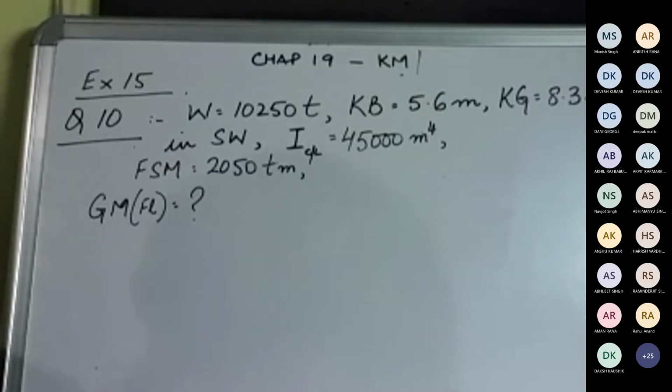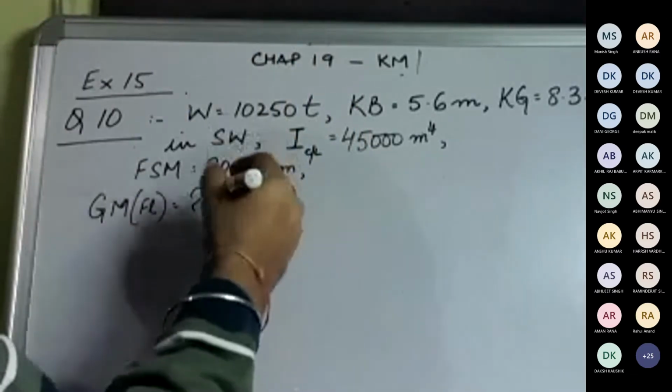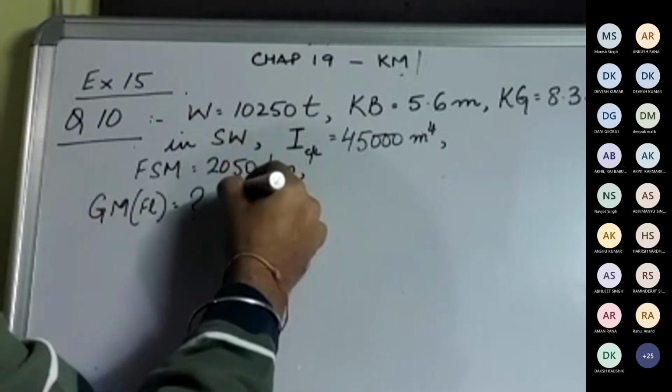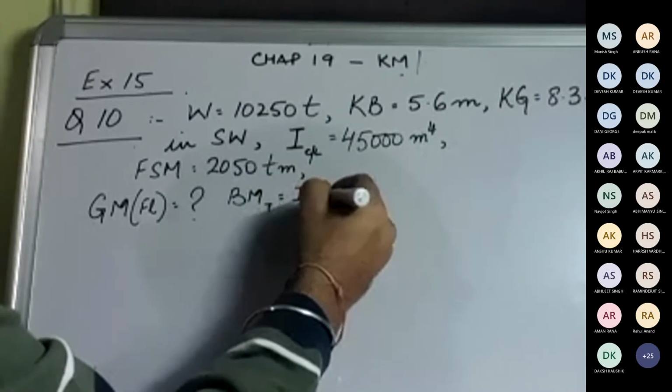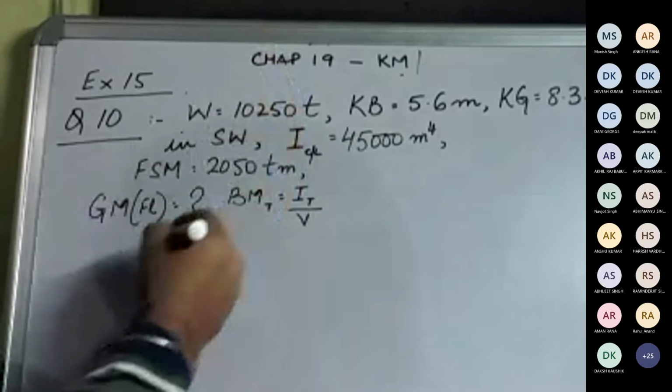All right. Let's start with BM. BMT is IT by V. So let's find out V first.